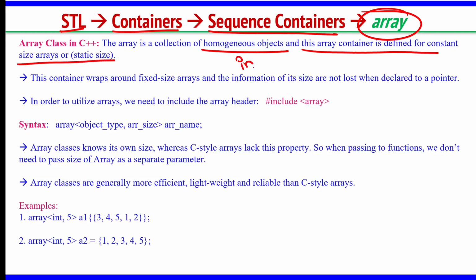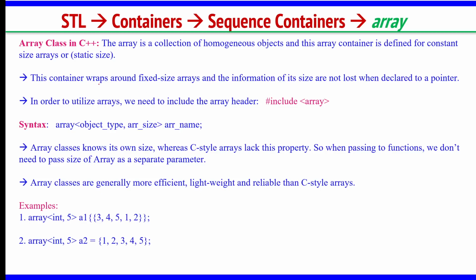It is the same as your int a of 5 static array. This container wraps around fixed size arrays, and information about its size is not lost when declared as a pointer. We have to use the header file, #include array, because we are using the array class.